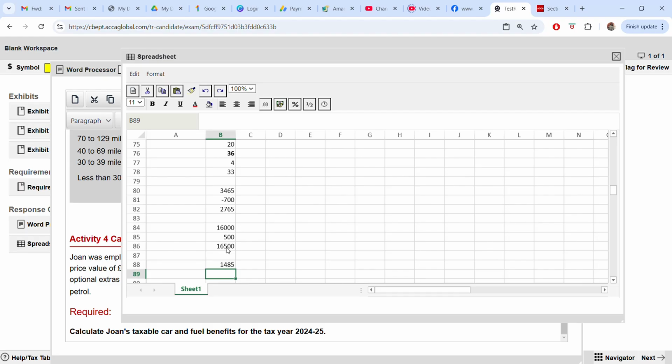Remember, this is only the car benefit. You need the fuel benefit as well. This is car. And car and fuel you have to add. And you need this 36% because if you don't get this correct, your fuel benefit will be wrong because it's based on that percentage. So now it is 36 percent multiply by, it's fixed, 27,800.